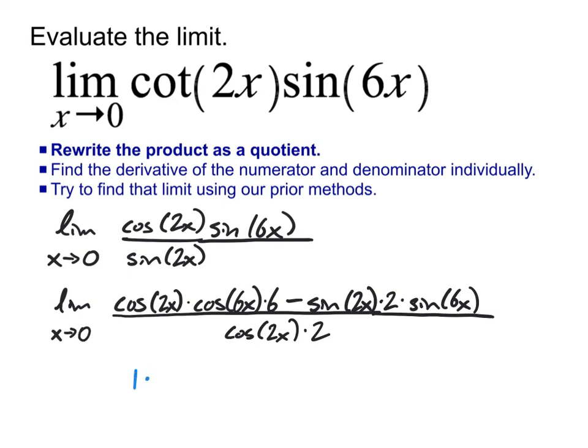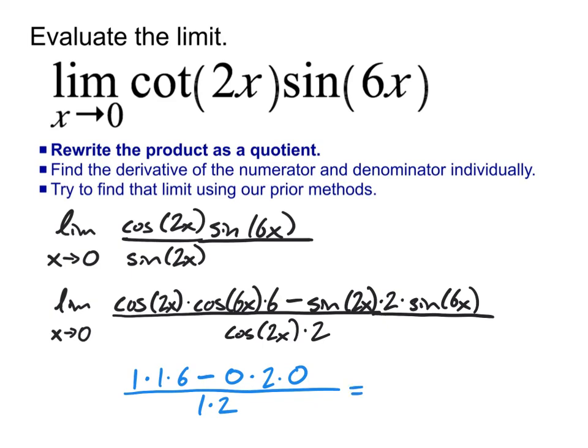So it's going to be 1 times 6. That takes care of this section right here. Then minus, now I'm going to do sine of 0, which is 0, times 2 times sine of another 0, which is, of course, still 0. And that's going to be all over cosine of 0, which is 1, and then that was times 2 on the bottom.